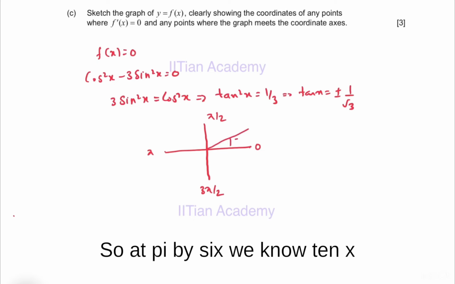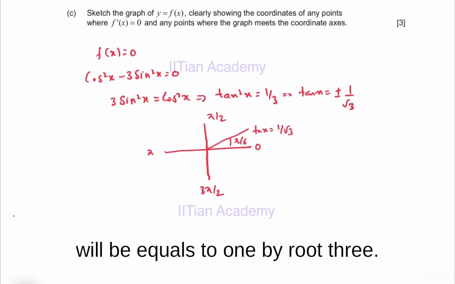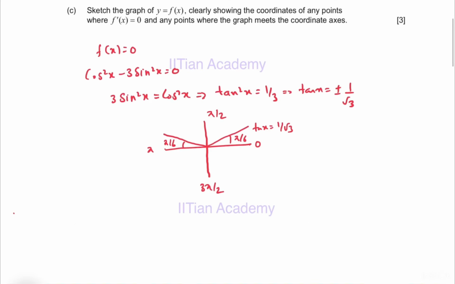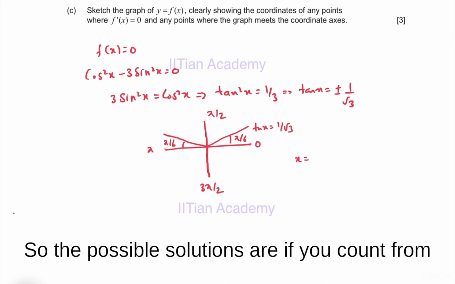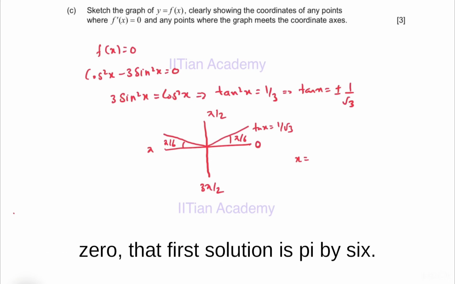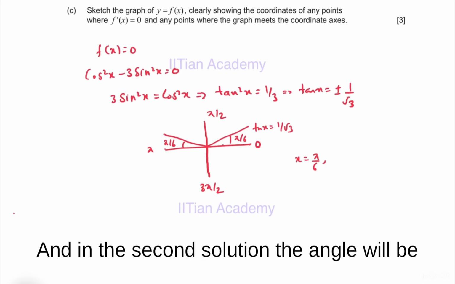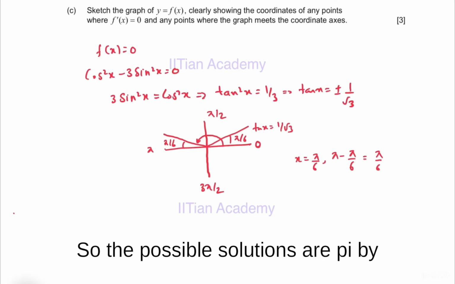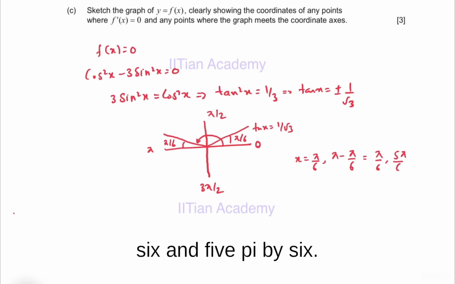So at pi by 6 we know tan x will be equal to 1 by root 3, and for negative, this angle will also be pi by 6. So the possible solutions are, if you count from 0, the first solution is pi by 6, and the second solution the angle will be this one, which is pi minus pi by 6. So the possible solutions are pi by 6 and 5 pi by 6.